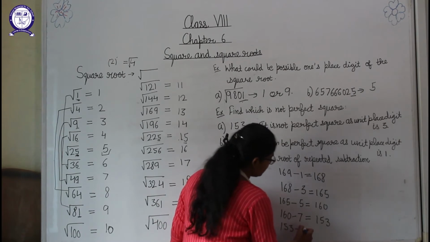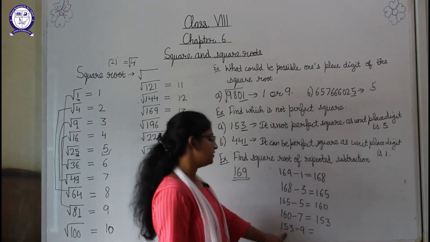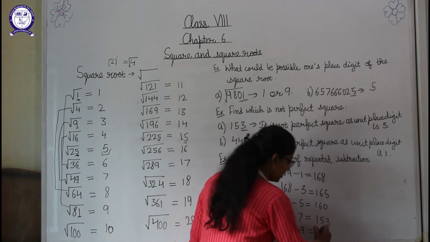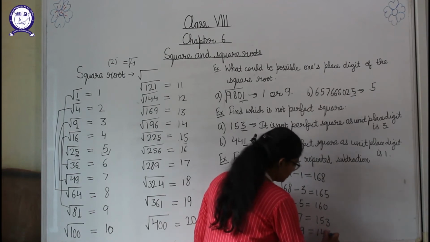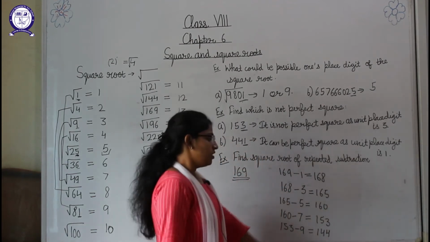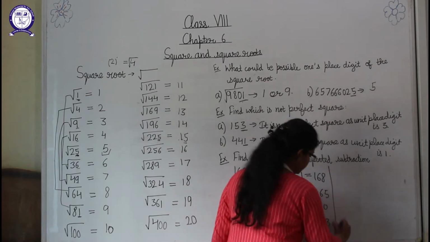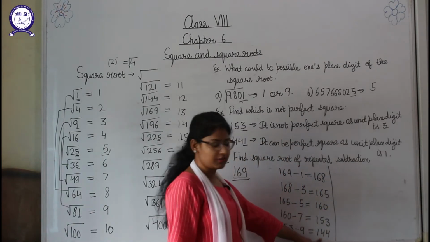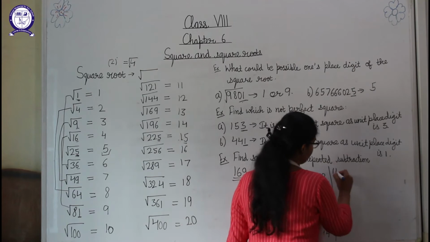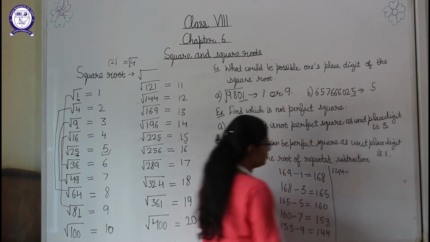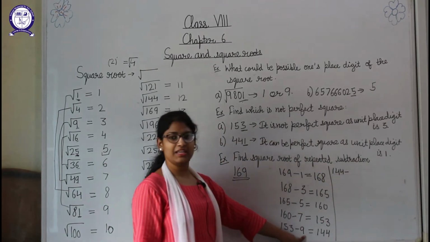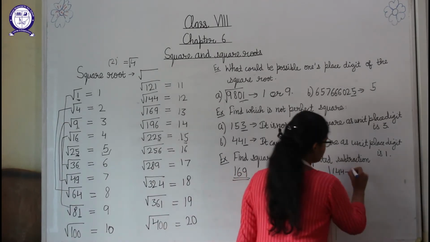Then 153 minus the next odd number, 9. So students, 153 minus 9 is 144. Now 144 minus, what do we have to subtract after 9? 11 is the odd number, so we subtract 11.